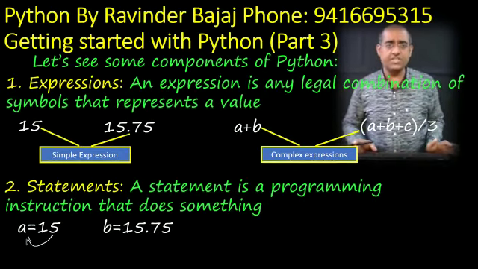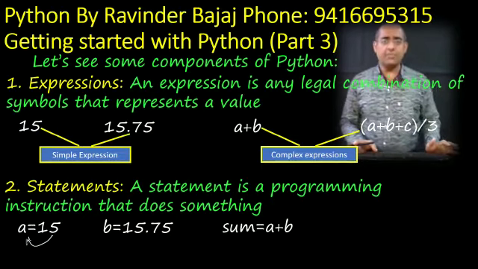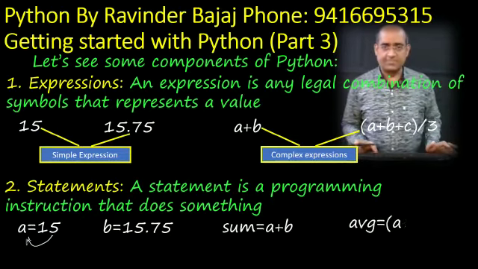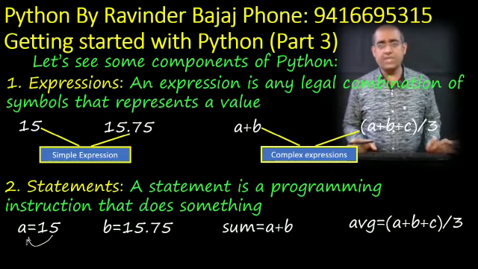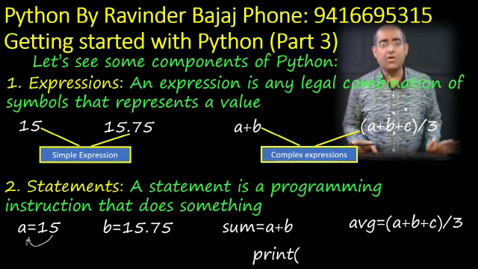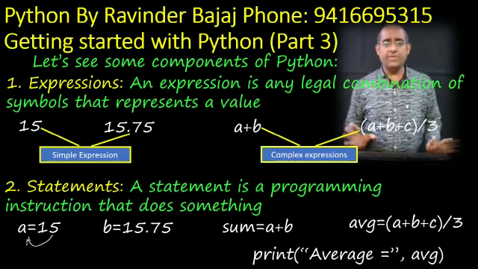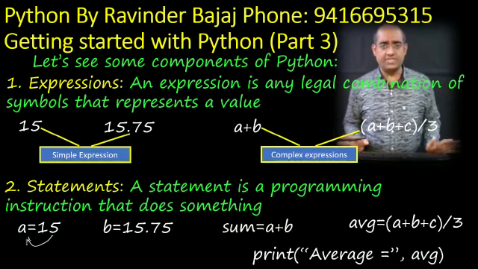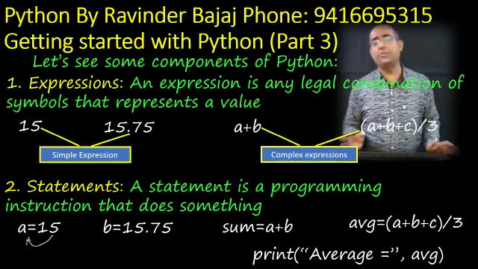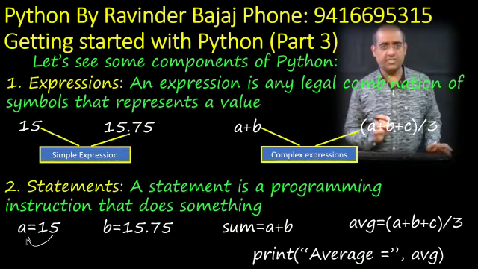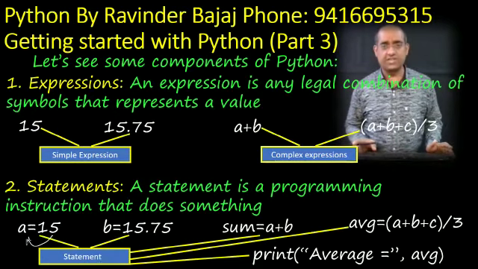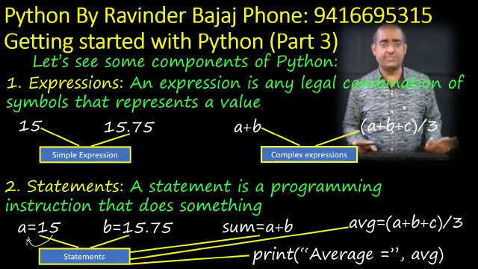Next is b is equal to 15.75, it is again a statement. Sum is equal to a plus b, average is equal to a plus b plus c by 3, or print average is equal to avg. If you are printing something, if you are giving some instruction to the interpreter, that is called a statement. So all these are statements.